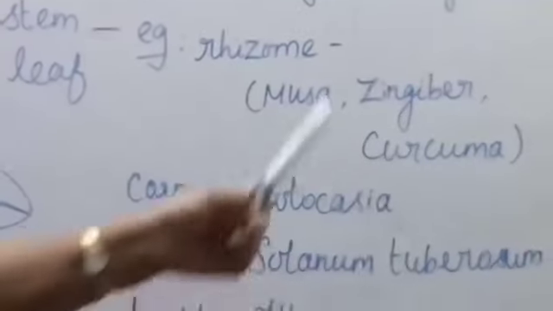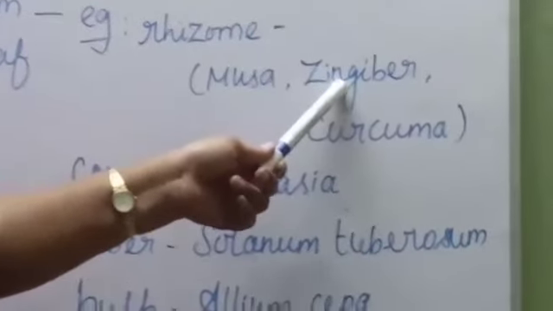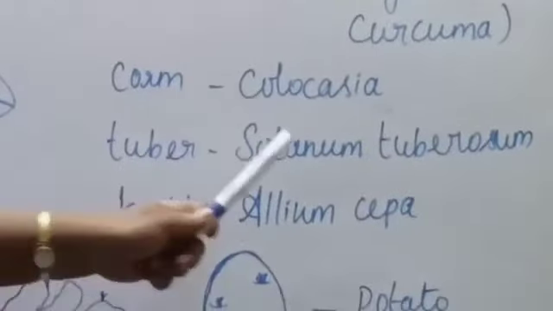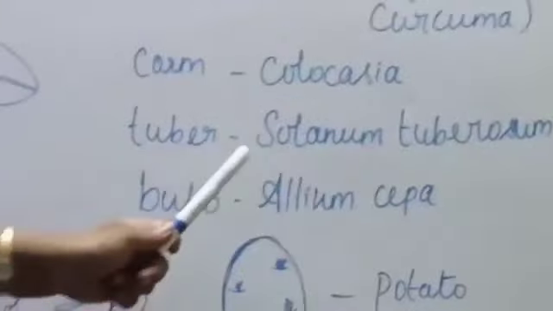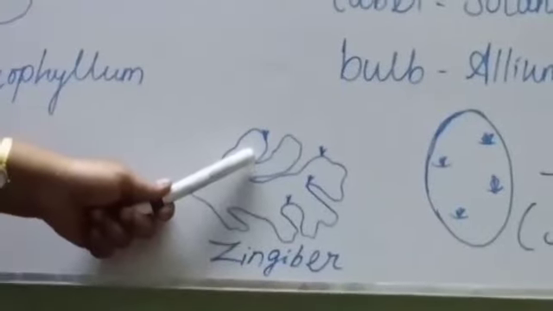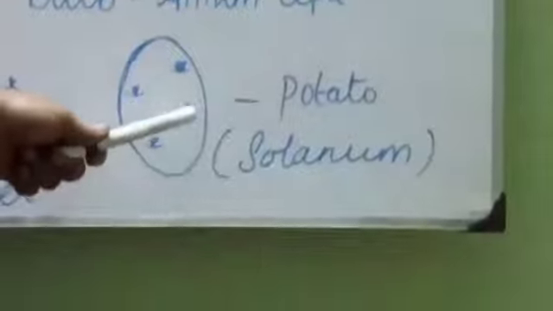Musa, banana; Zingiber officinale, ginger; Curcuma longa, turmeric. Corm, Colocasia. Tuber, Solanum tuberosum, potato. Bulb, Allium cepa, onion. Axillary buds from the nodes of rhizome and eyes of tuber give rise to new plants.